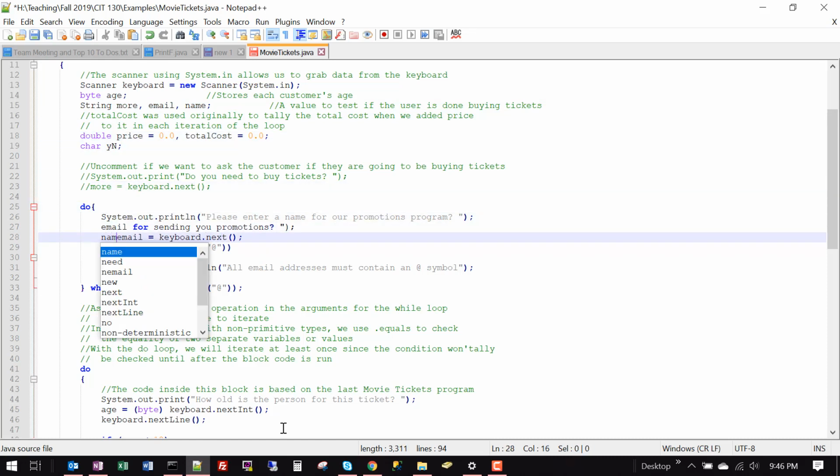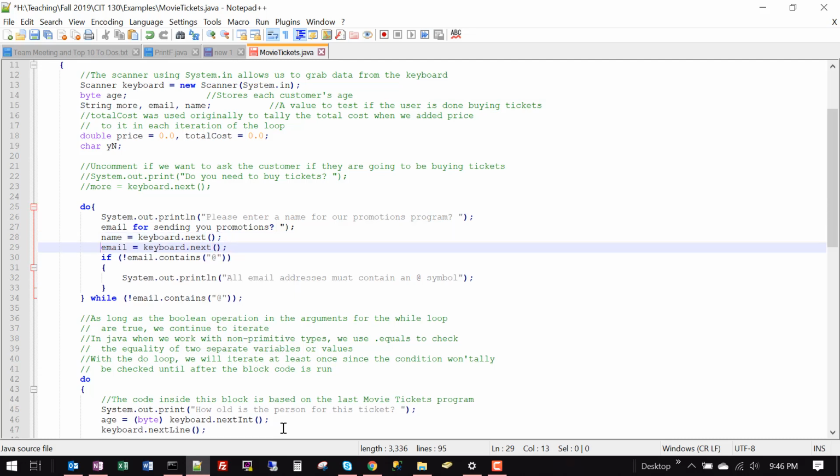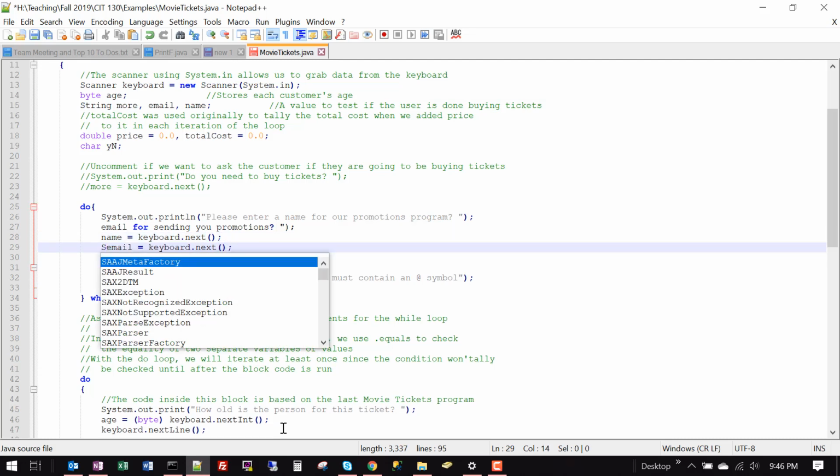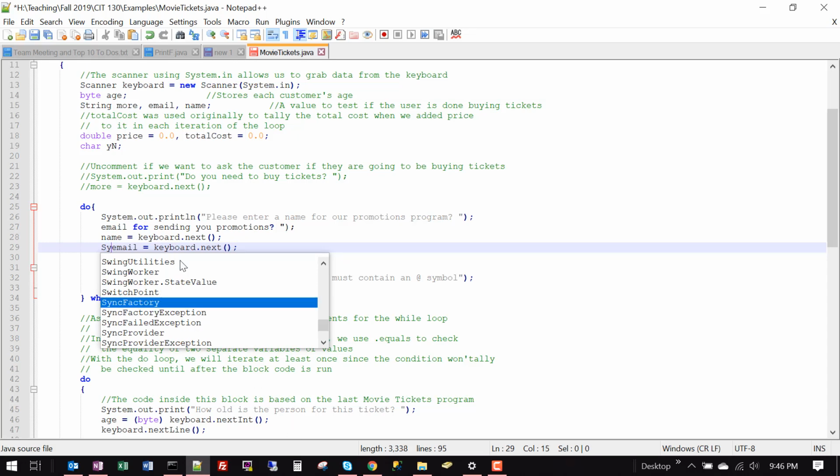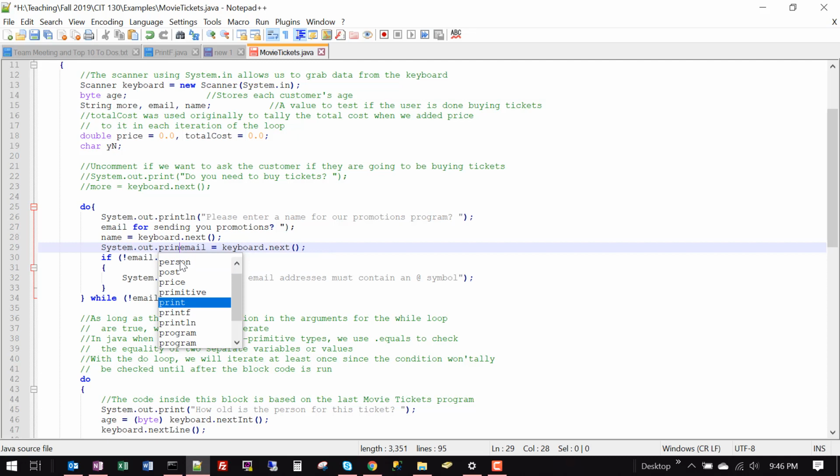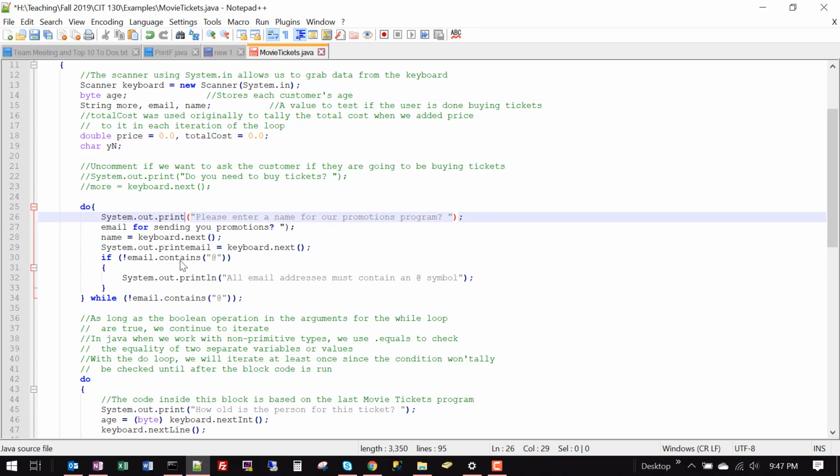We can do name equals keyboard.next. And oops. System.hold on. Print. I want these prints, not print lines.